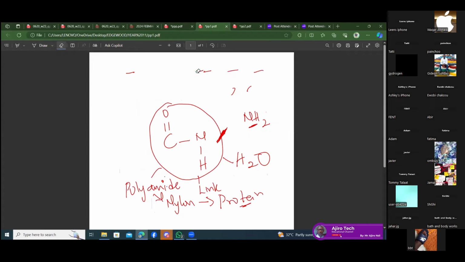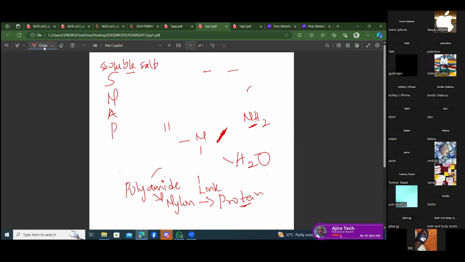SNAP. Let's see how we could do that quickly. If you want to learn soluble salts, you say SNAP. SNAP simply means all sodium, nitrates, ammonium, and potassium salts are soluble.